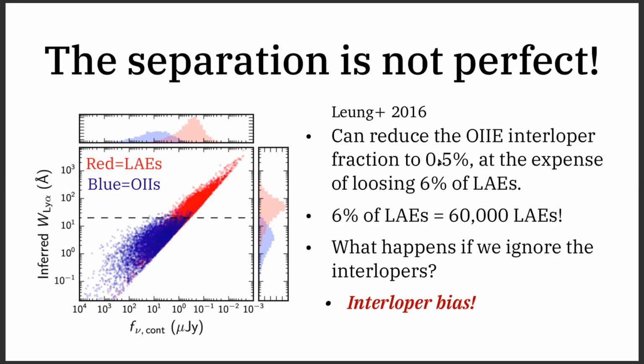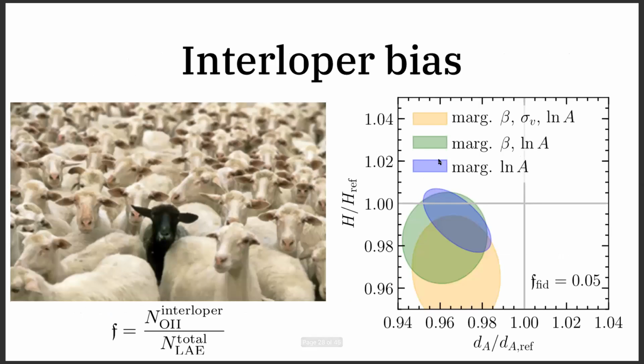But then what will happen if you just ignore this interloper? Then we have something called interloper bias. Okay, what does that mean? So if you have all those LAs and a small fraction of oxygens, we define this parameter F, that is the ratio of the number of oxygen interlopers to the total number of LAs.